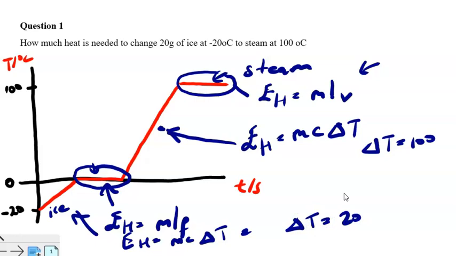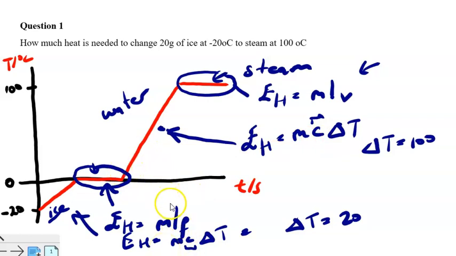I have another problem you might not think about though. Ice and water have different specific heat capacities. They're going to behave differently. So C would be different. The value for C here would be the specific heat capacity of water, and this C here would be the specific heat capacity of ice. So they're going to behave differently.